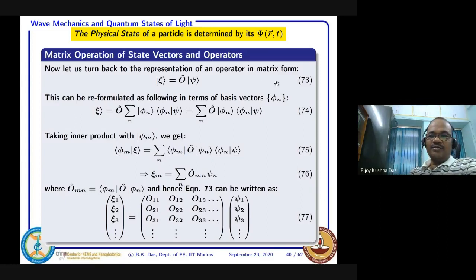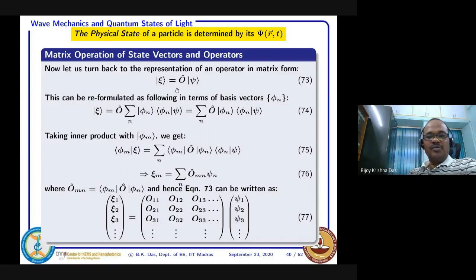So whenever you have a state vector and you operate on it, you get a different ket vector, xi, right? Now I am writing this xi in this form. I know the basis vectors are phi 1, phi 2, phi 3, up to phi n, an n-dimensional vector space.